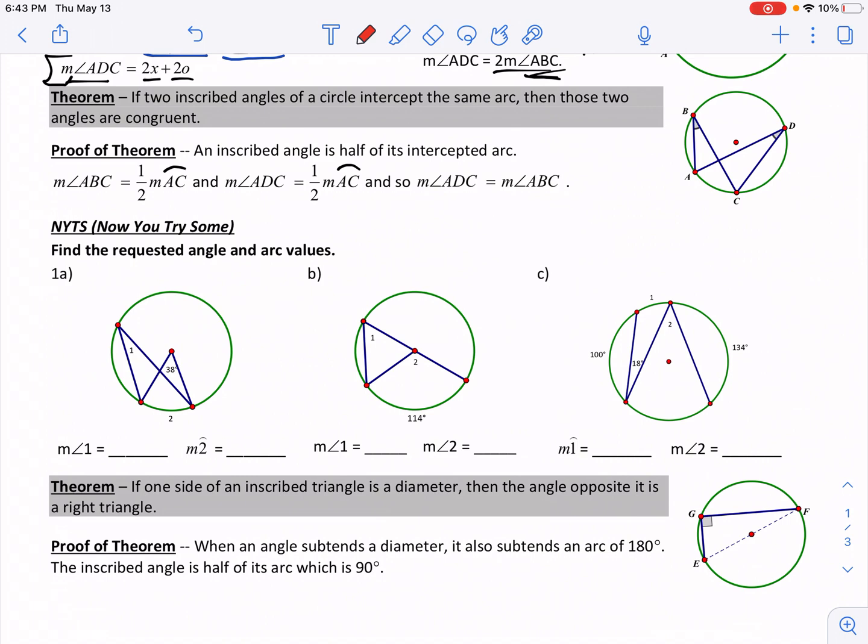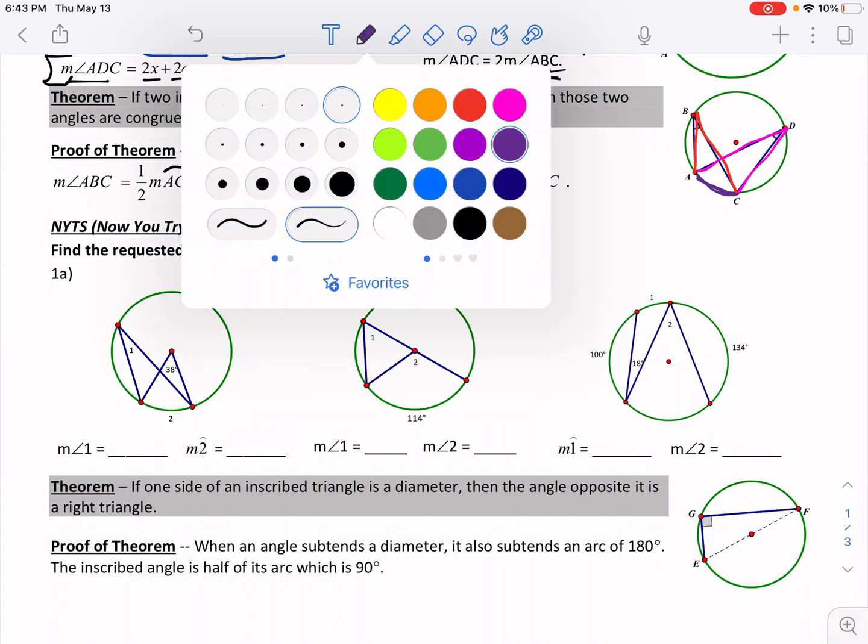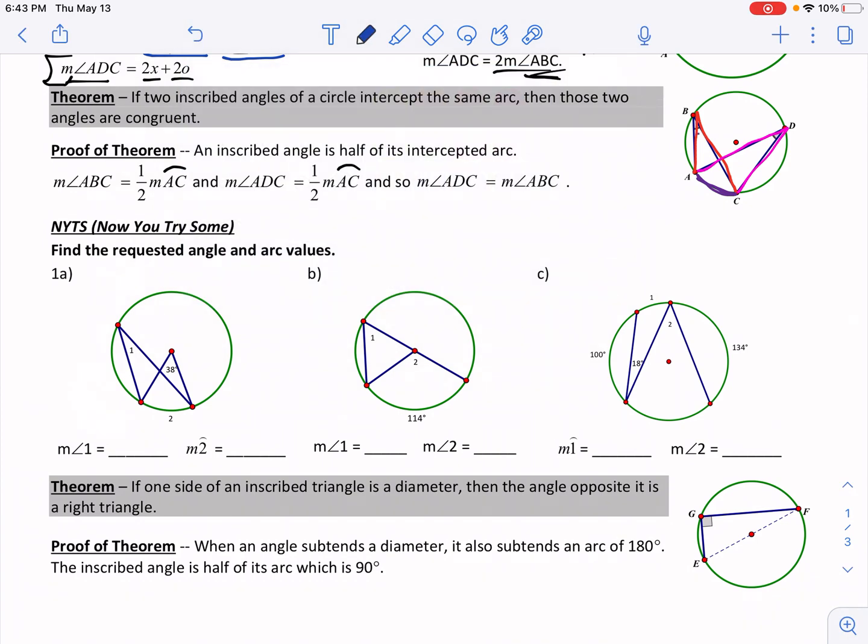And then it says, if two inscribed angles of a circle intercept the same arc, then those two angles are congruent. Okay, so what they're saying here is if we have two inscribed angles, but these two inscribed angles intercept the same arc, okay? So they have the same endpoints here, AC, they intercept the same arc, then that means those two inscribed angles are the same, okay?